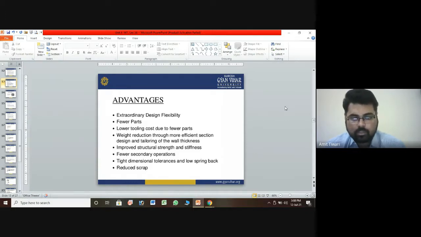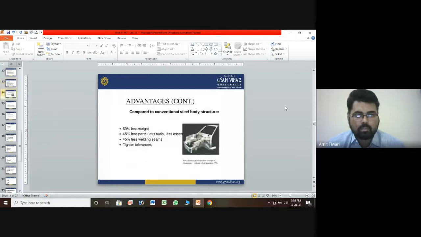Tight dimensional tolerance, and low springback. Compared to a conventional steel body structure, there is 50% less weight, 45% fewer parts, that is less tooling or assembly, 45% less welding required, and tighter tolerances.